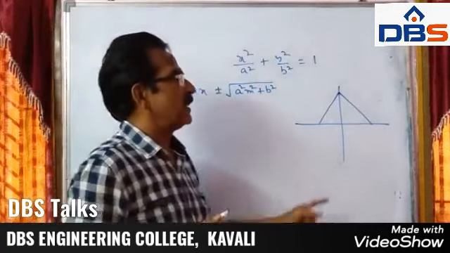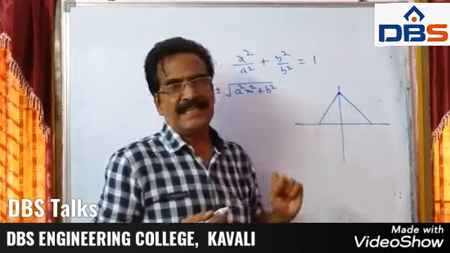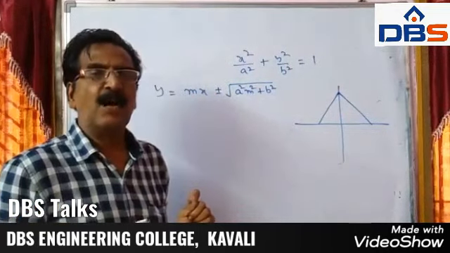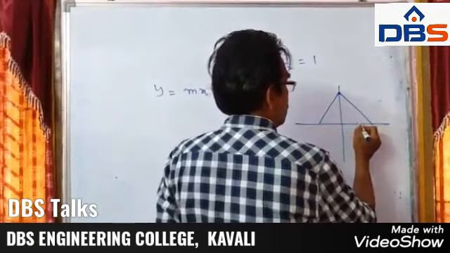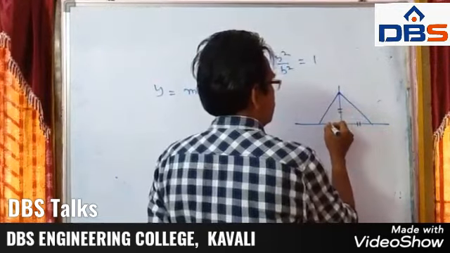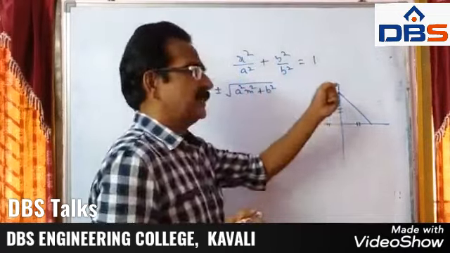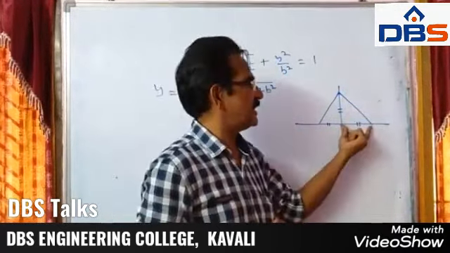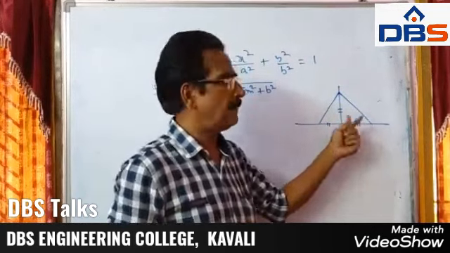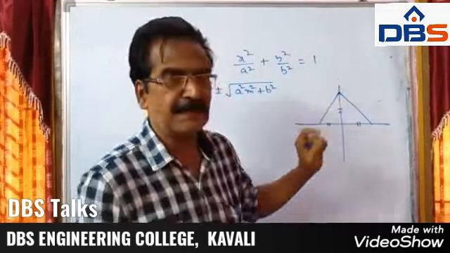Here we need to know the slope of these tangents. These two intercepts are equal because the tangent is cutting equal intercepts. This length is the x-intercept, this length is the y-intercept.